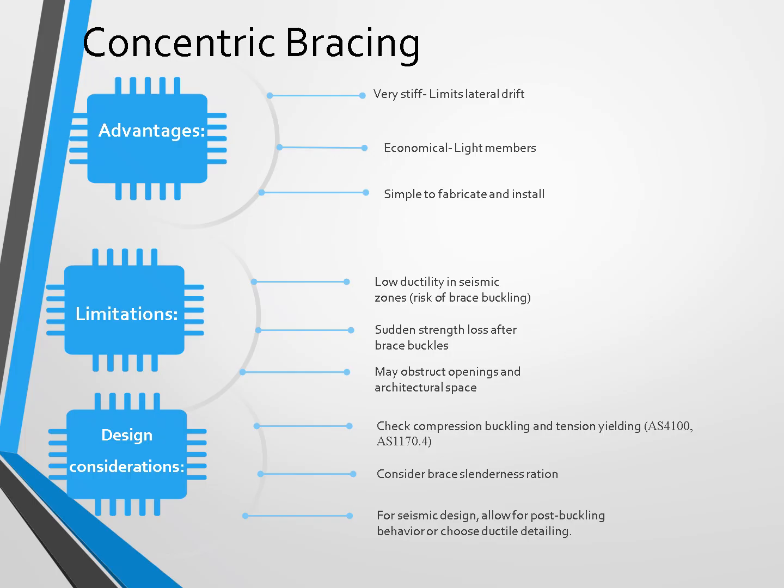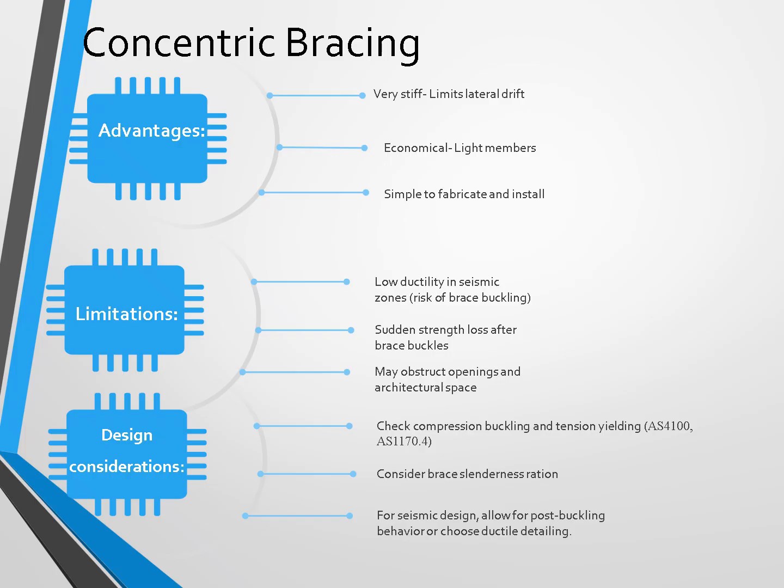Low ductility in seismic zones, as we already mentioned, they are not that favorable in high seismic zones. Why? Because there is a risk of brace buckling and sudden strength loss after brace buckling, which might result in a sudden collapse. It means we have moderate or low ductility. They may also obstruct openings and architectural spaces.